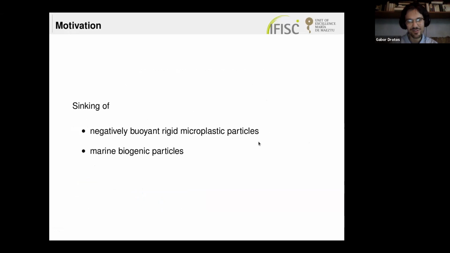That was the question that she asked, and it turned out that the easiest part is to investigate negatively buoyant rigid microplastic particles.